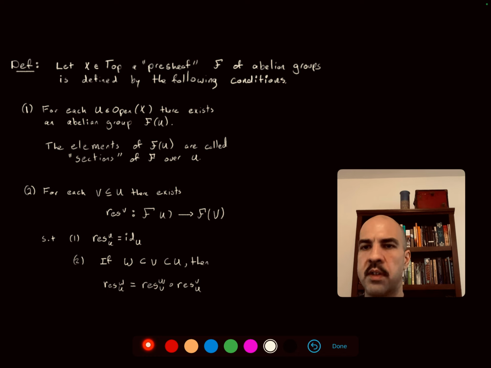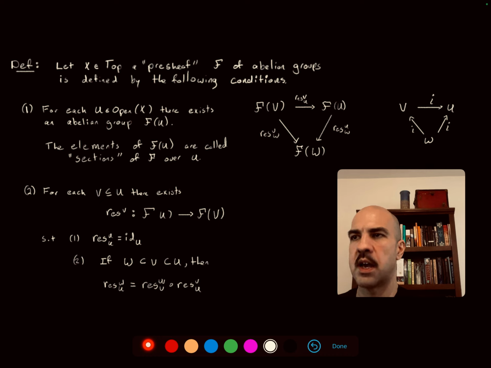And then, as defined previously, the restriction map from U to U is just the identity on U. And then if there's some smaller subset W that's contained in V, that's contained in U, then the restriction map from U to W is just the composition of the previous two restriction maps.